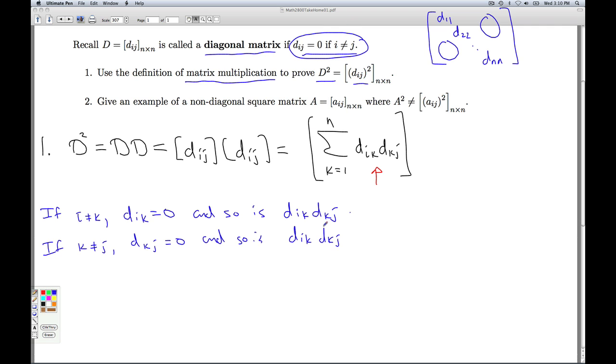So what's the only chance I'm going to have for getting a non-zero term out of this sum? Well, i and k are going to have to be the same, and k and j are going to have to be the same. So in particular, i and j are going to have to be the same.